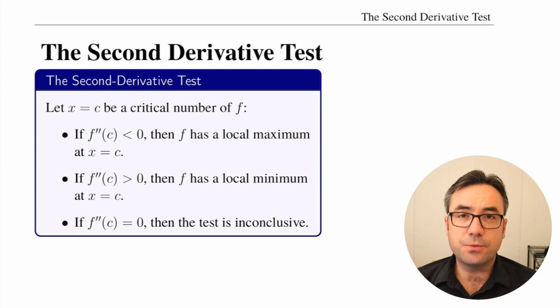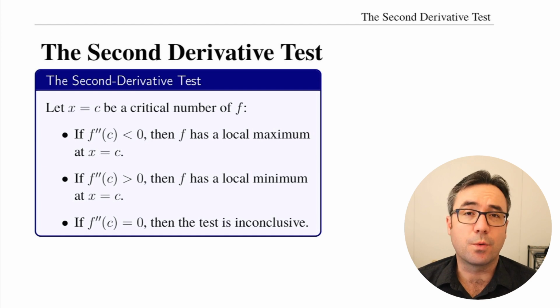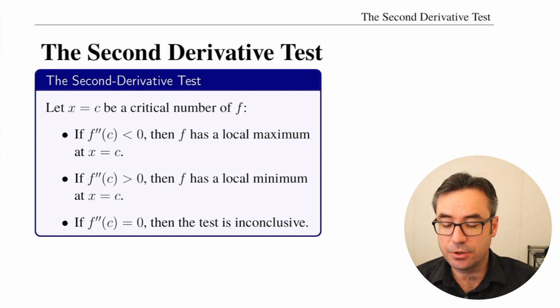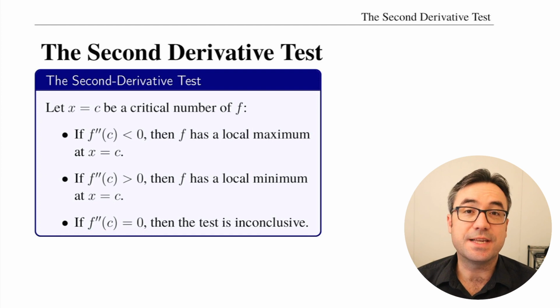Now, the second derivative test does tend to be a bit quicker than the first derivative test that we've seen. The one issue, though, is it sometimes is inconclusive. What we mean by that is it doesn't tell us anything about the critical number. The critical number could be a max, it could be a min, or it might be neither. So we have to do more work in that case. This inconclusive result happens when the second derivative is equal to 0 there.